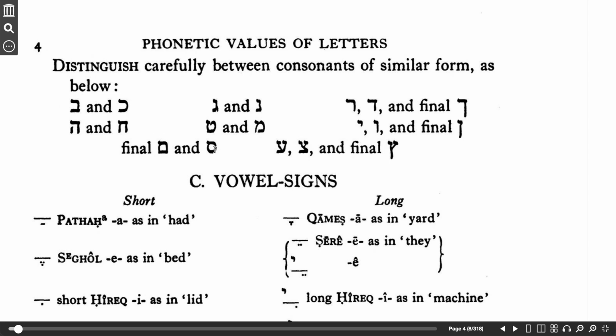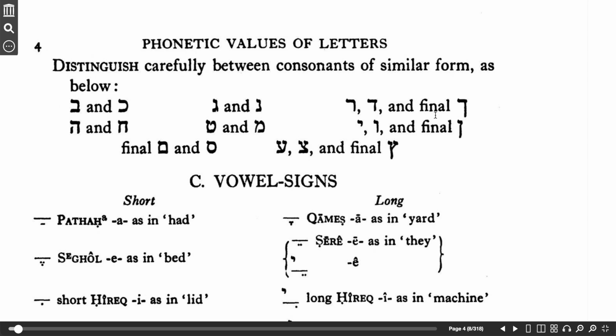Here you have samek, and then final mem. There's mem and tet, nun and gimel. You have dalet, and then that's resh, but then you have final kof. And then you have yod and vav, and then you have final nun.